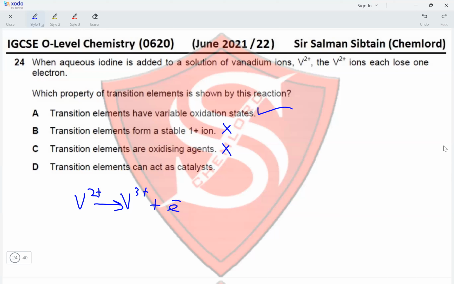Yes, transition elements can act as catalysts, but that is not representative of the change in the oxidation state during the reaction with aqueous iodine. So, as an explanation, this statement is incorrect. So, this makes option A the correct option for this question.